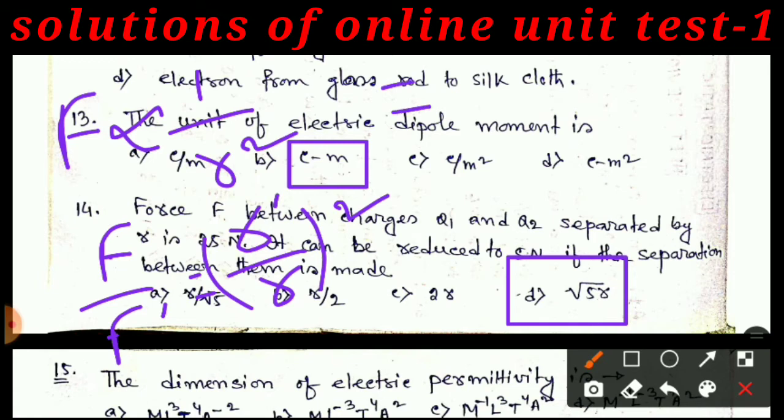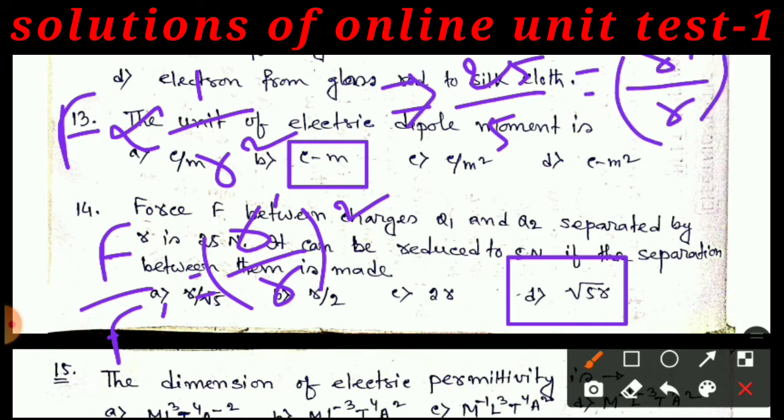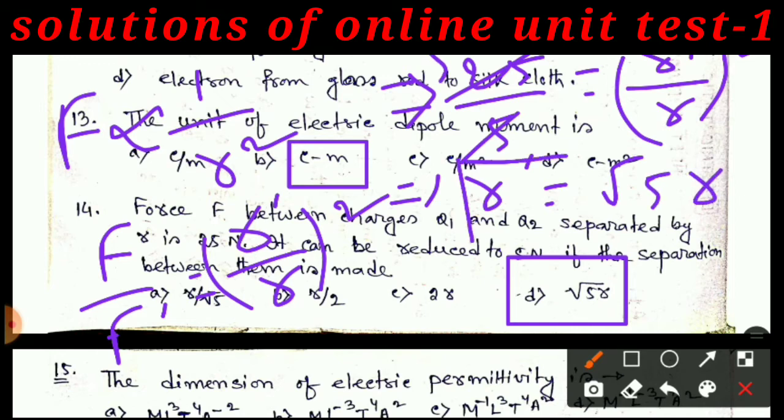Now F means 25, it is reduced to 5, so it is equal to r dash divided by r, whole square. Now r dash is equal to root 5 r. So the final answer will be option D, root over 5 r is the right answer.